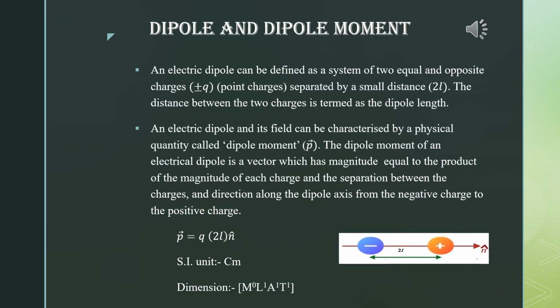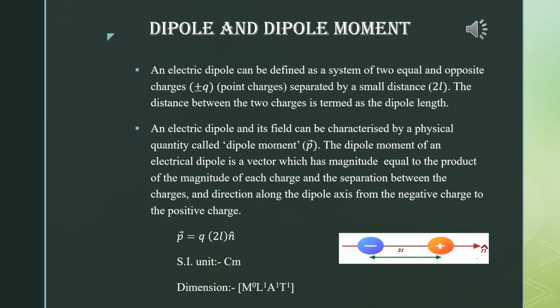Here we had two charges, plus q and minus q. So what is the value of each charge? q. When we multiply q with 2L, the distance, that gives me the magnitude of the dipole moment. What about the direction? The direction is taken along the dipole axis from negative charge to positive charge. You can see in the diagram I have taken the direction as n cap. So when we combine together q, 2L and n cap, it gives me the net dipole moment vector.